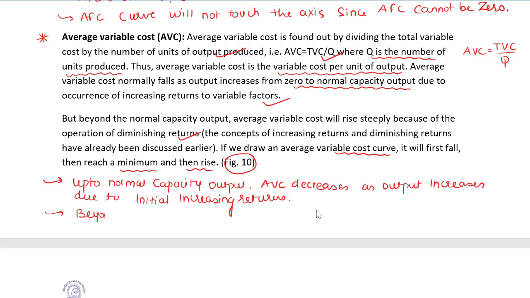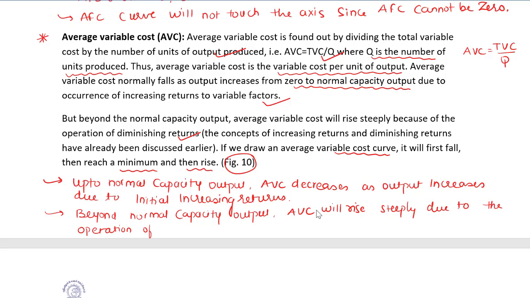Beyond normal capacity output, AVC will rise steeply. Due to what? Due to the operation of diminishing returns. Just see it over here.